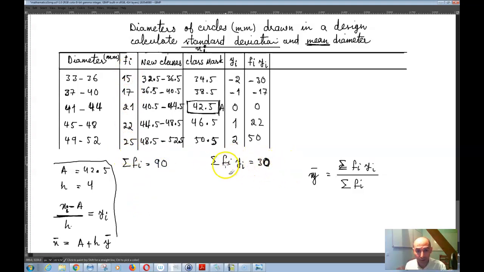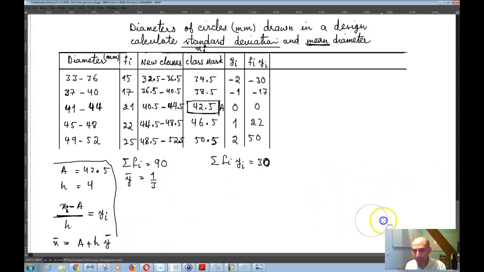Now if I divide 30 by 90, that gives me y bar. So y bar is equal to sigma f of i y of i divided by sigma f of i, which is 30 divided by 90. You can cancel out the zeros, and 3 over 9 is 1/3. So your y bar is equal to 1/3.